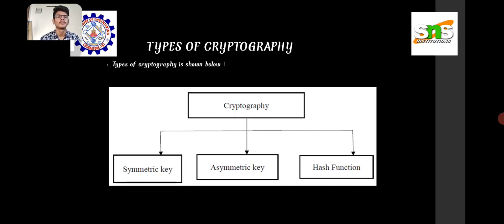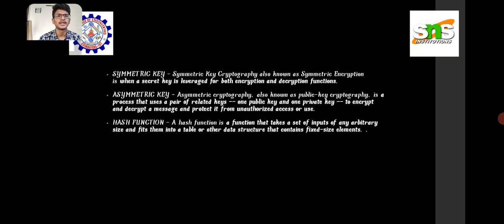Types of cryptography. The picture below shows that there are three types of cryptography. One is symmetric key, another one is asymmetric key, and another one is hash function. Let's get deep into the types of cryptography. Symmetric key.